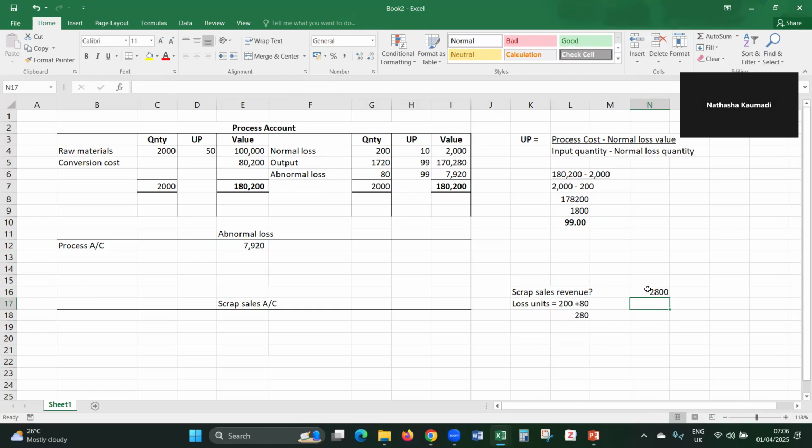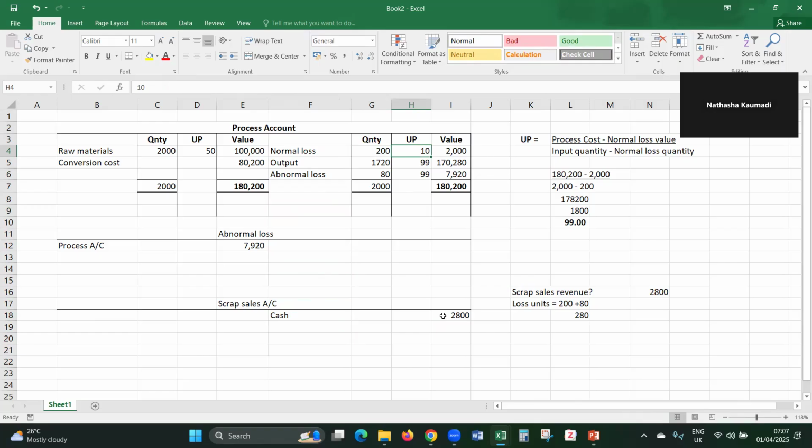What is the double entry to record this one? When you earn an income, let's say you received this in cash. So cash debit, you received cash debit, and then scrap sales revenue credit 2,800. I'm writing as cash. Okay, right. And now another important thing. Here you have a normal loss quantity of 200.